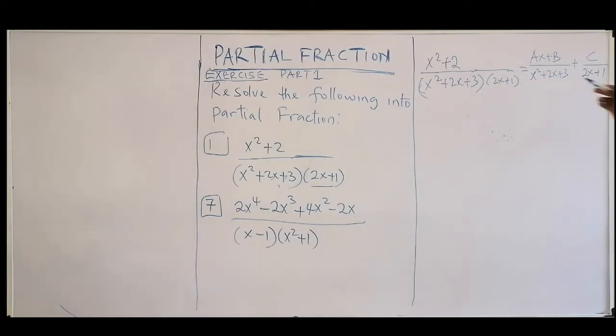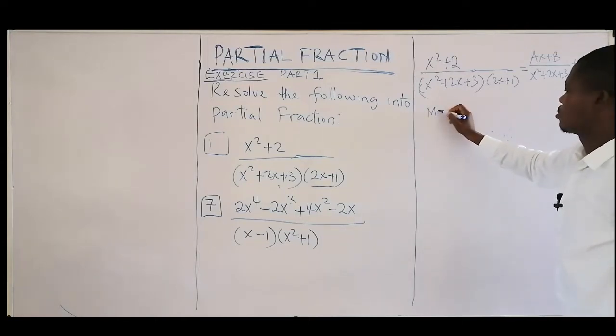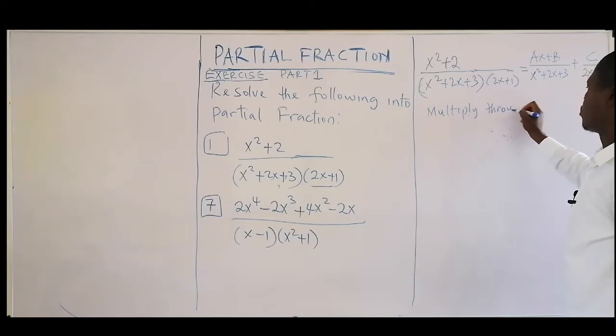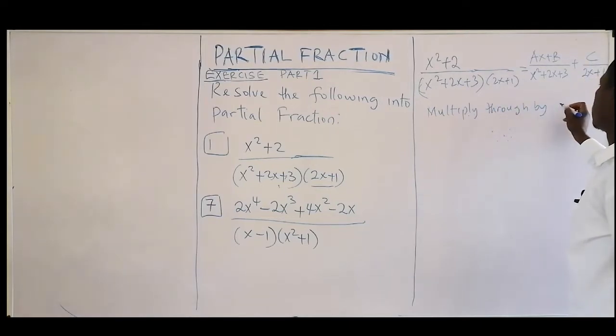So if you have a quadratic factor that you cannot factorize, this is the form of the numerator you are going to write. Then you can multiply through by x squared plus 2x plus 3 times 2x plus 1.